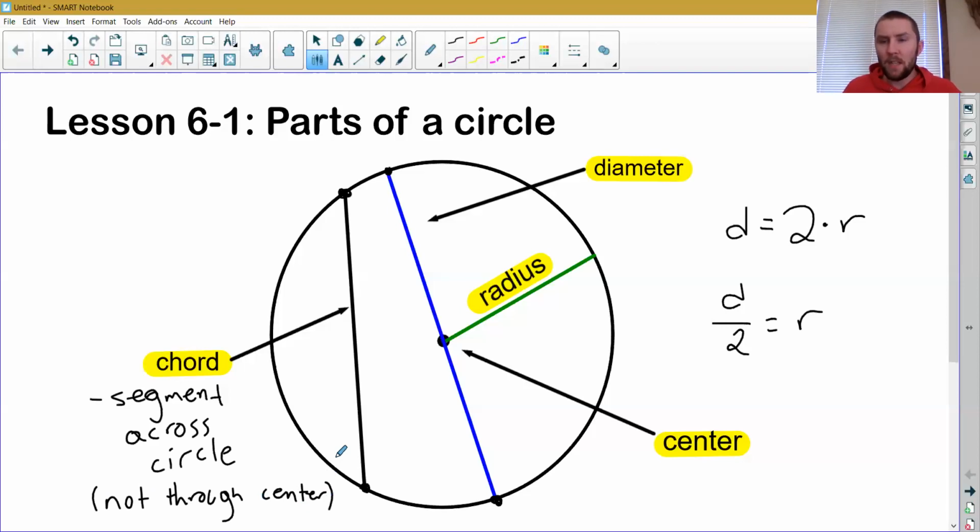Now, a couple other things that we can talk about in terms of vocabulary of a circle. There are things called central angles, so like angles in the center of the circle. For example, where two radiuses would meet each other, they create what we call a central angle.